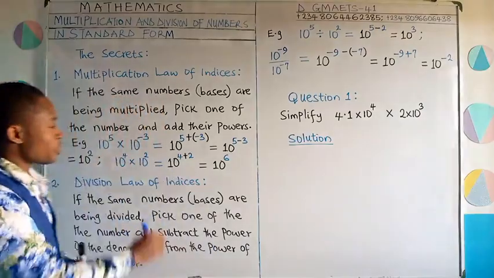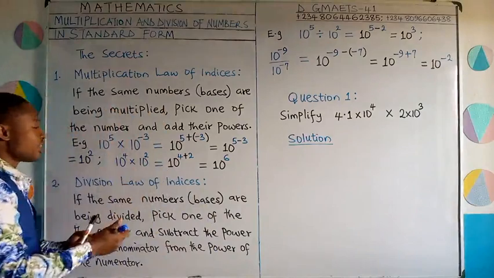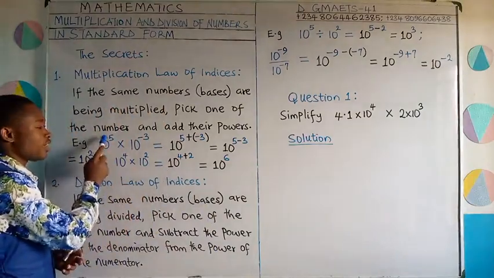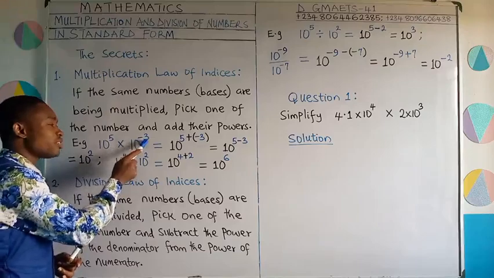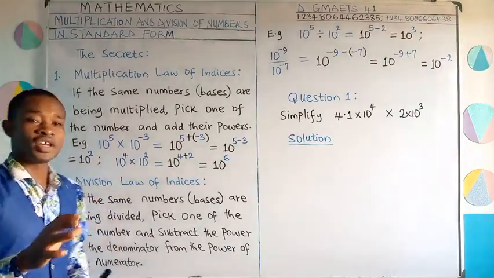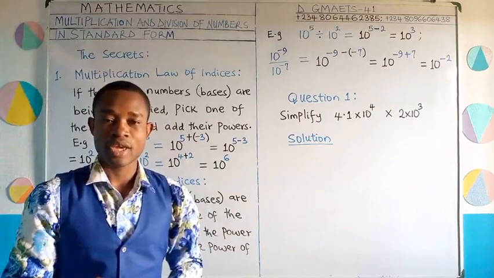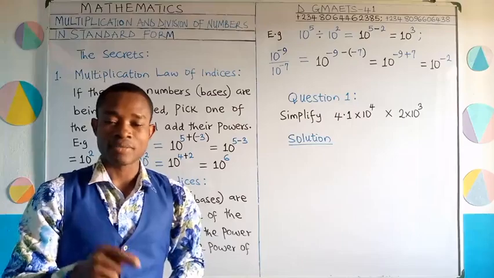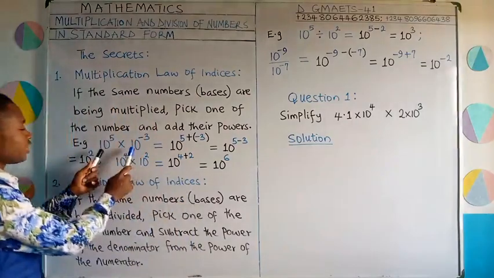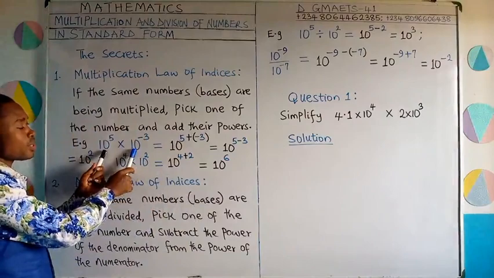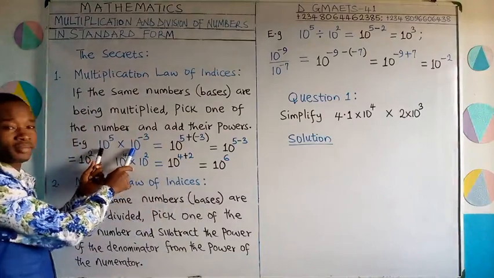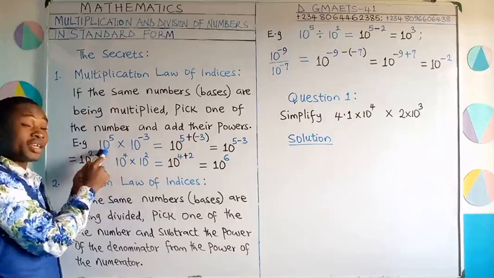I have a quick example here to guide us. If I give you something like 10 raised to the power 5 times 10 raised to the power minus 3. Now if you notice here, the number you're multiplying is 10. So we are multiplying these terms, okay? Now, these numbers are the same, and we call it the base.